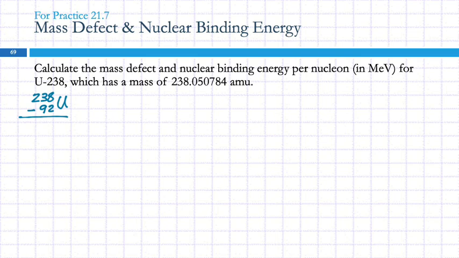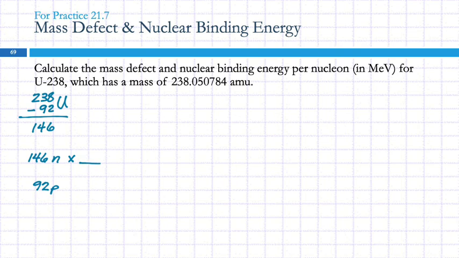So we can calculate the number of neutrons. 238 minus 92 is 146. So we have 146 neutrons and 92 protons.